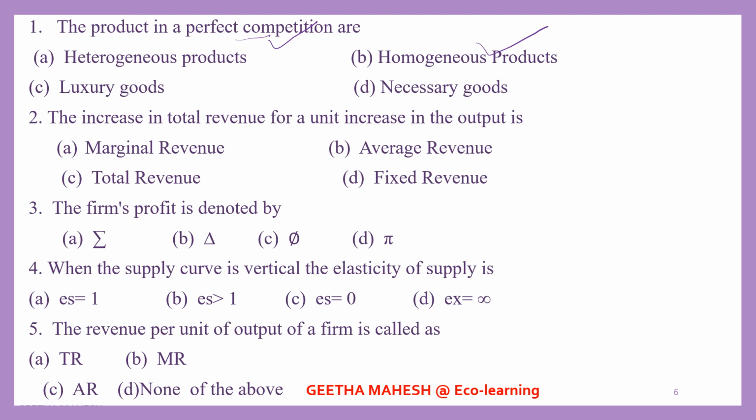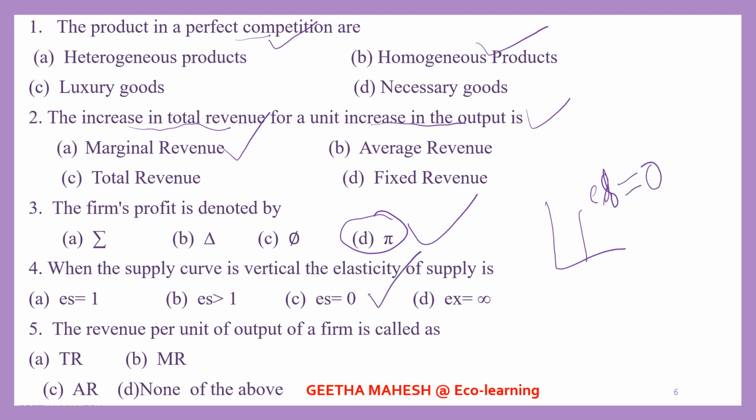Increase in total revenue for a unit increase in output, increase in total revenue due to increase in the sale of output, that is marginal revenue. Firm's profit is denoted by pi. When the supply curve is vertical, it is inelastic, so here elasticity of supply is equal to 0.